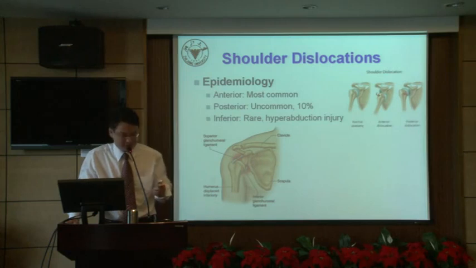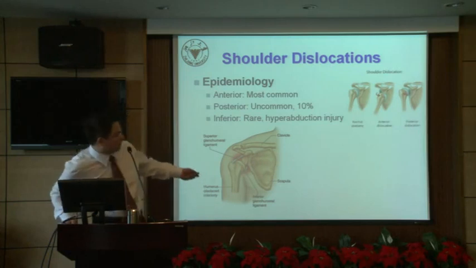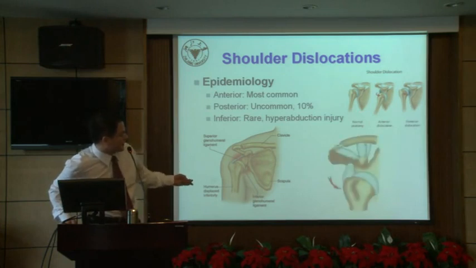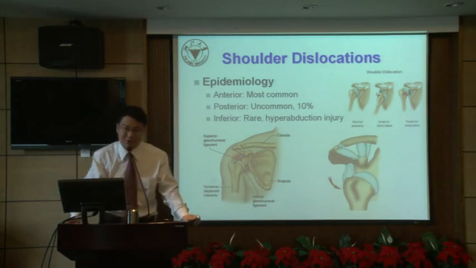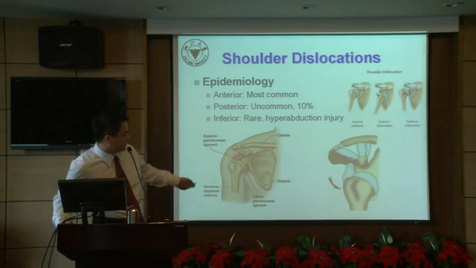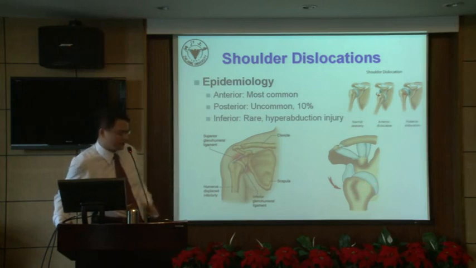Here is the normal shoulder and anterior dislocation, posterior dislocation. And the anterior dislocation is the most common one, so we are going to focus on the anterior dislocation, which means the humeral head is dislocated anterior relative to the glenoid.